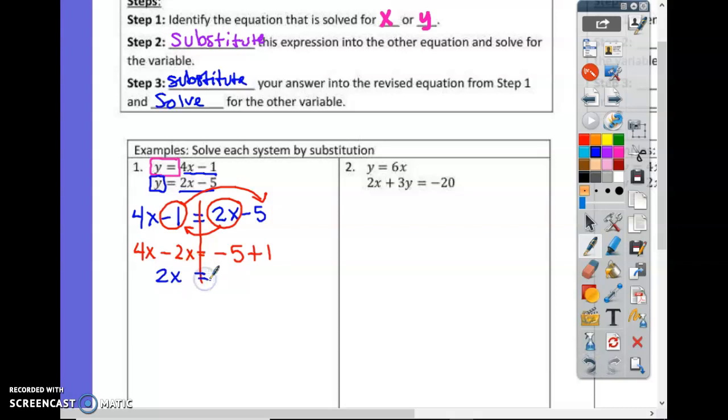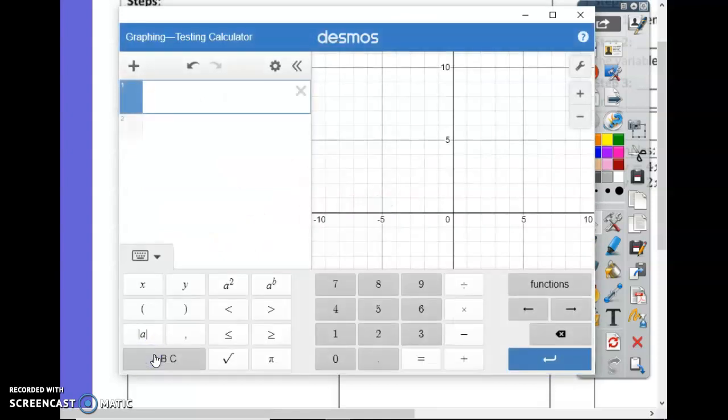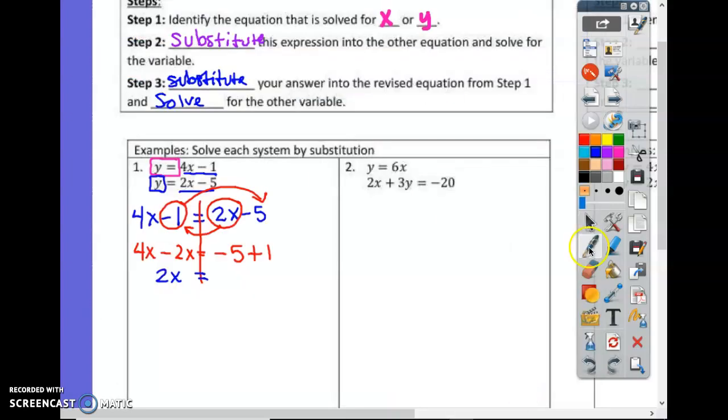Equals. What's negative 5 plus 1? You can put that in decimals. Negative 5 plus 1. Negative 4, right? So I'm going to type negative 4 right here.